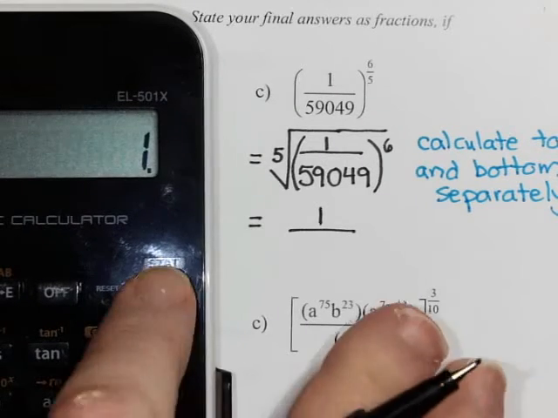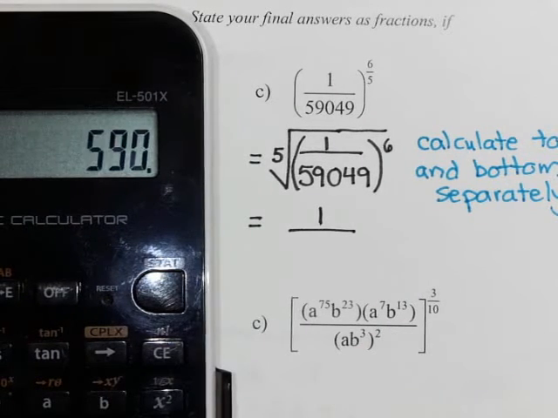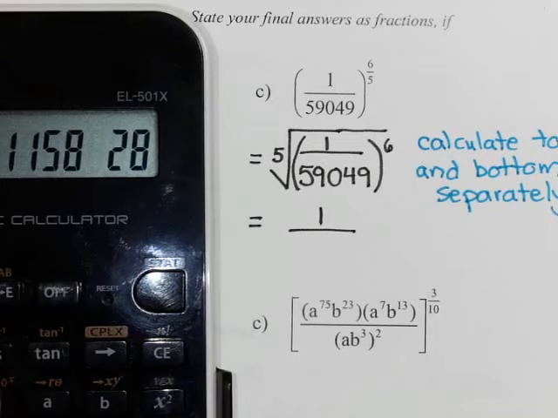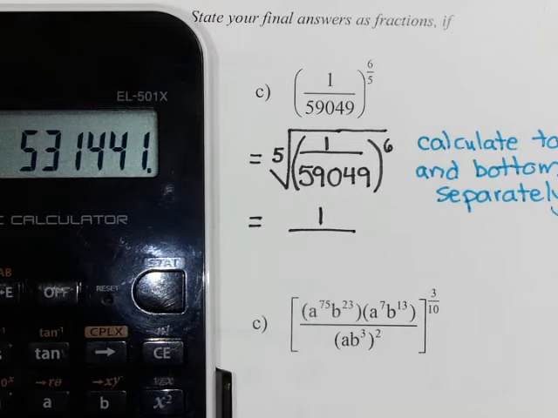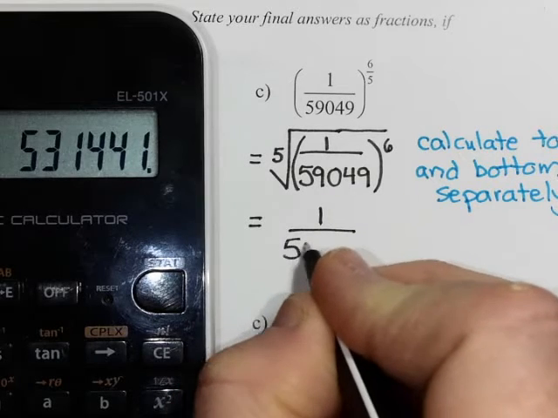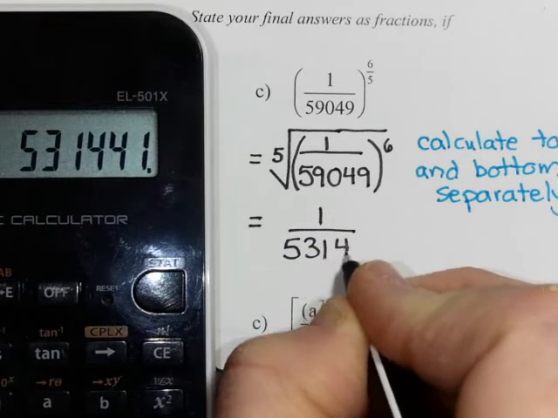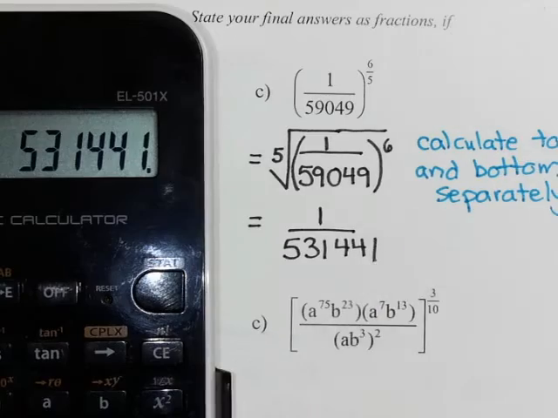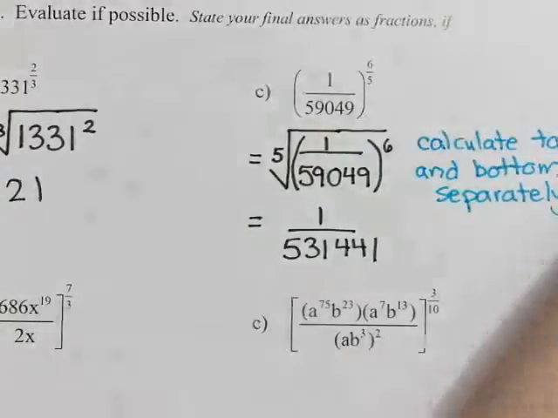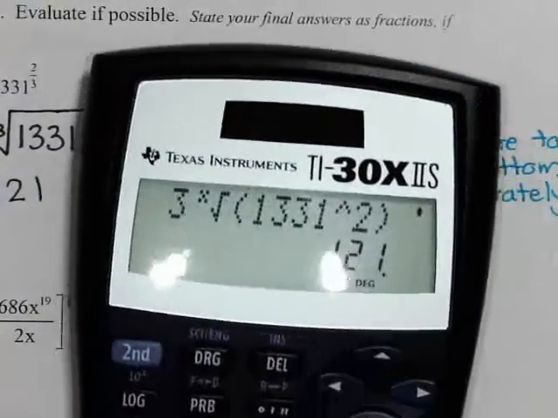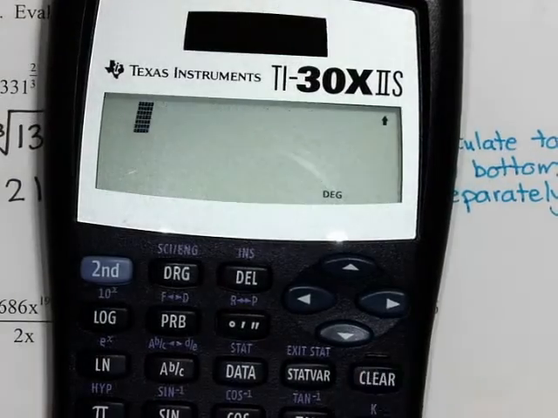Then I'm going to do 59,049 to the power of 6. That's a big number. And then second exponent and 5. And I get 531,441.